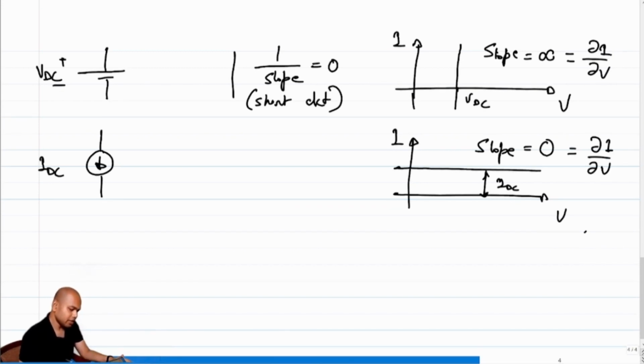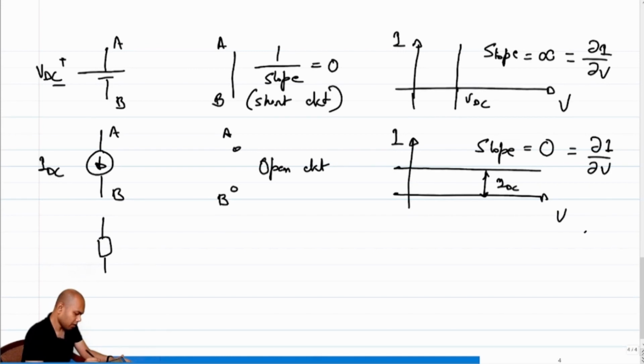Since del I del V is 0, del V del I is infinity, which means its incremental resistance is infinity. So you replace it with an open circuit between A and B.